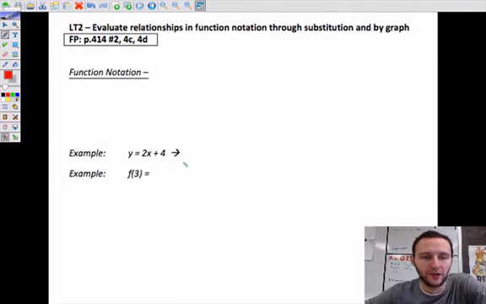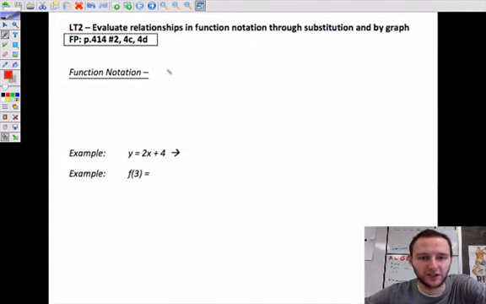All right, learning target 2 video: evaluate relationships in function notation through substitution and by graph. Function notation is something that is new to us, at least, but not necessarily a new concept. It's just a new way of writing something.